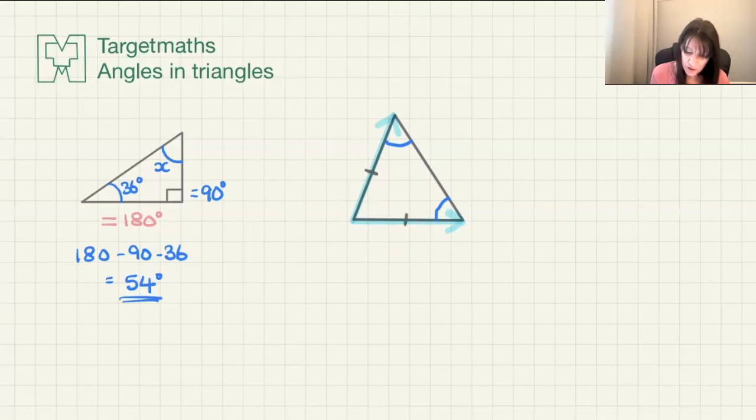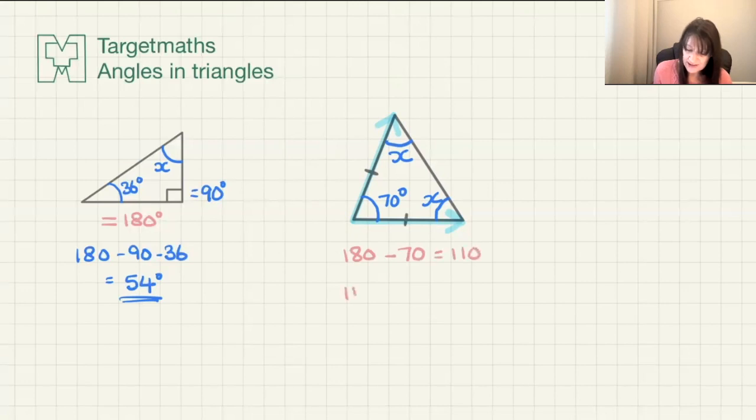Okay, so let's put some numbers on and do a calculation against this. If I told you that this one here was 70 degrees and asked you just to work out that one, okay, we can actually work them both out because this angle here would be X as well. So I use my fact, 180 take away 70, which is 110.